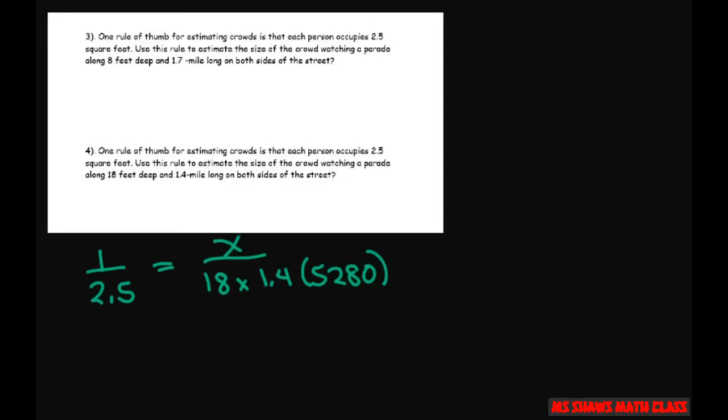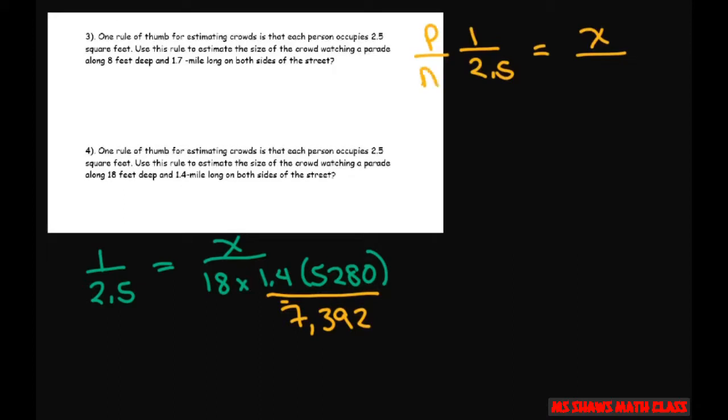Let's see. I kind of forgot to use the calculator with this, so let me work on this. So this is 7,392, and we're going to multiply that number by 18. And let's see if I did it right. No, I did it twice. So let me do it again. 18 times, that's why I like to do this first. I messed up.